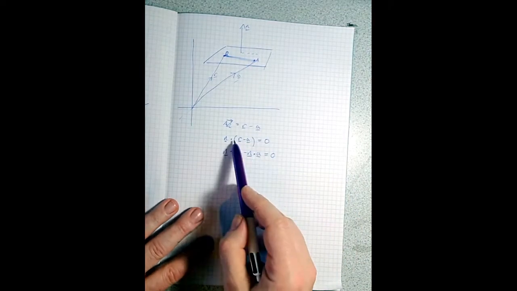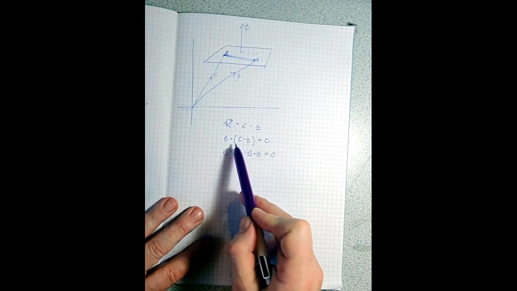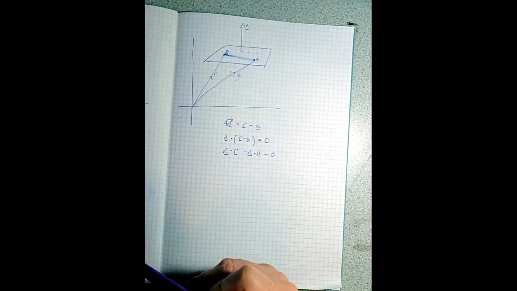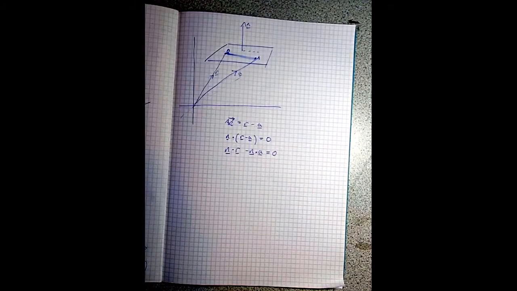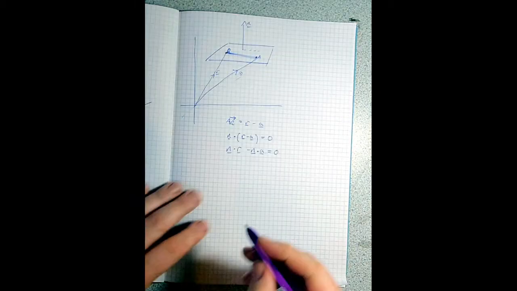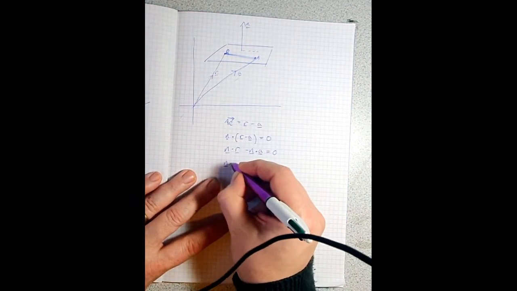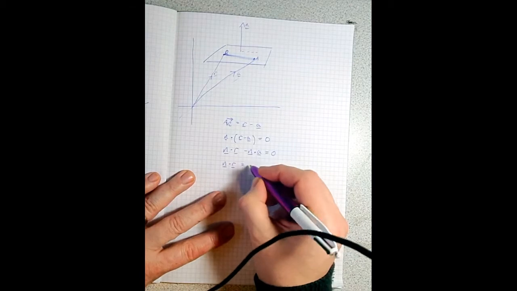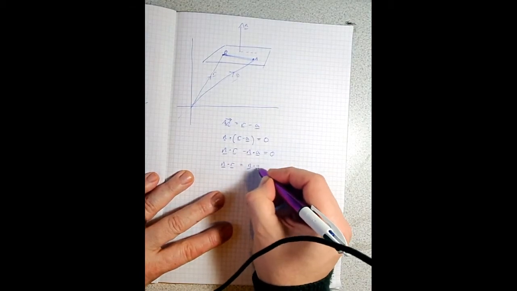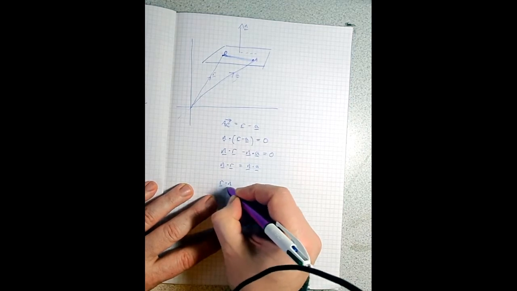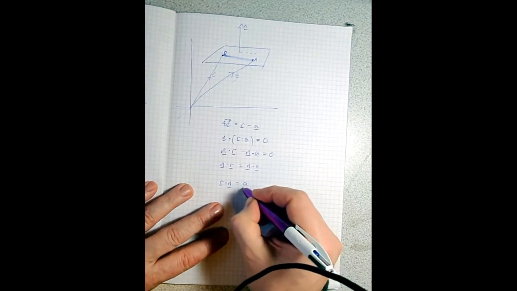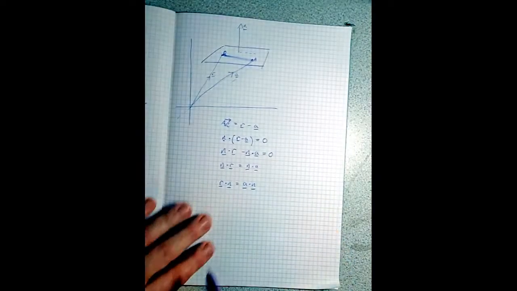It means we can expand these brackets with a dot multiplication in the same way as I would with a scalar multiplication, because that's all it is. It's just a multiplication of vectors. So n dot r equals n dot a. And now I prefer to think of it as r dot n equals a dot n.